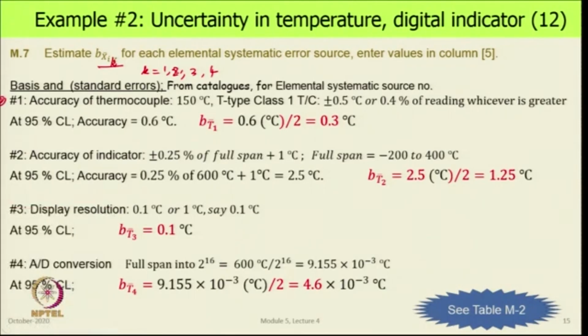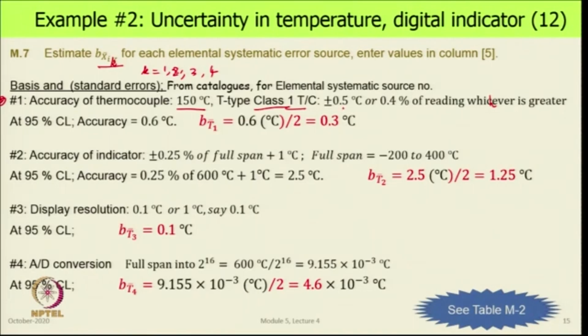So, number 1, accuracy of the thermocouple. We are measuring 150 degrees Celsius. We have a T type thermocouple, and let us say we got class 1 thermocouple as per that IEC 60584, which said that the accuracy is plus minus 0.5 degrees Celsius or 0.4% of reading, whichever is greater. So, 0.4% of 150 degrees C becomes 0.6 degrees Celsius.